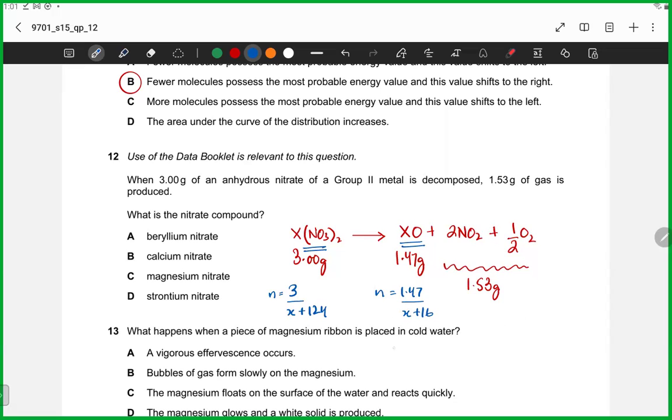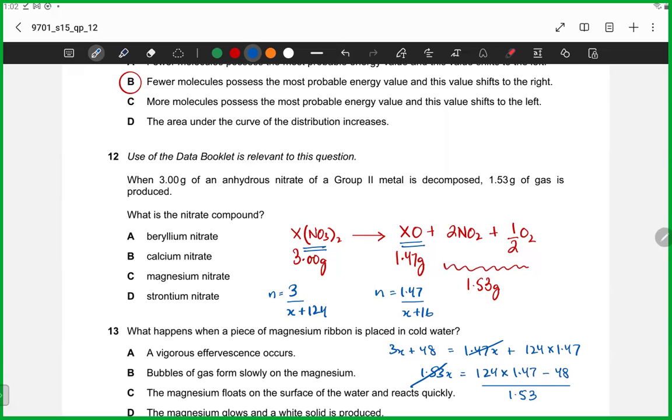If you equate them, that's going to be 3x plus 48 equals 1.47x plus 124 times 1.47. You get all the x on one side, so that's going to be 1.53x. And you take the 48 to the other side, so that's 124 times 1.47 minus 48. And the 1.53, you're going to divide it.